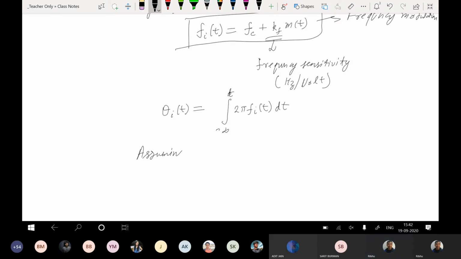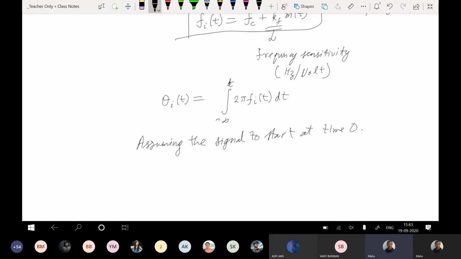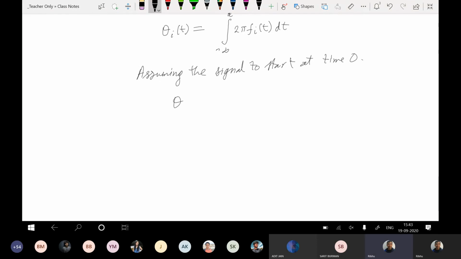Assuming the signal starts at time 0, or this signal is causal. There is no such thing as a causal signal actually, but still the signal starts at time 0.